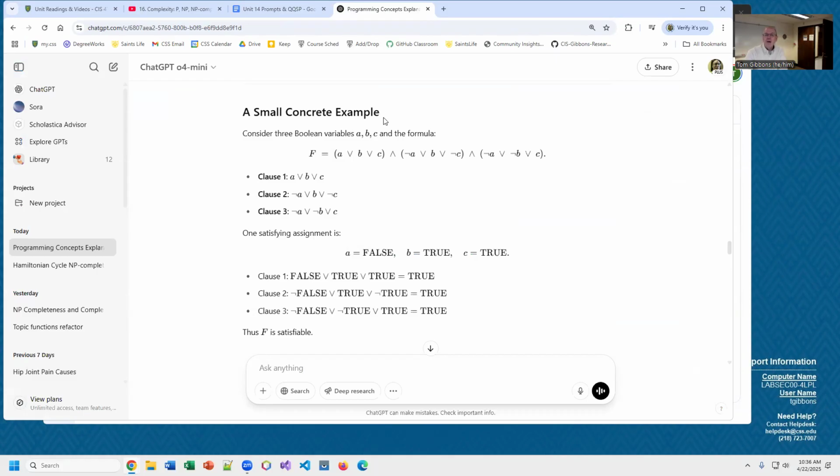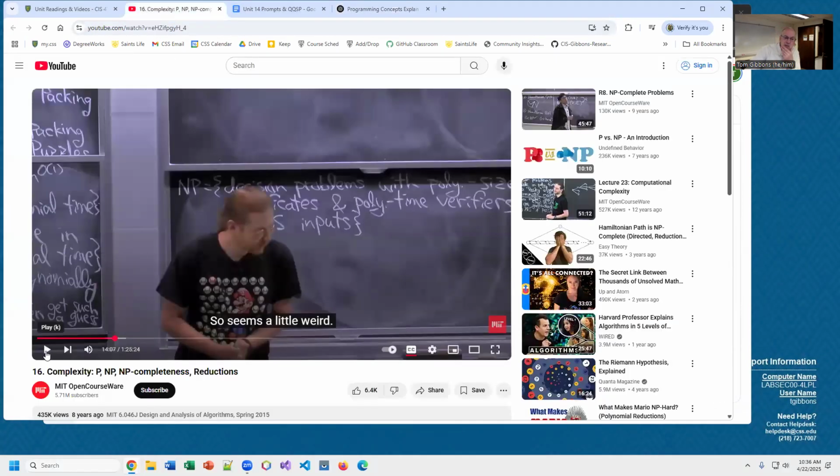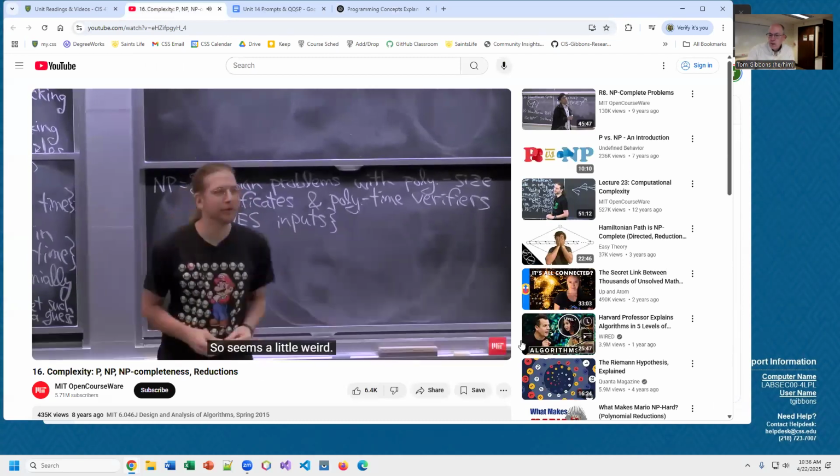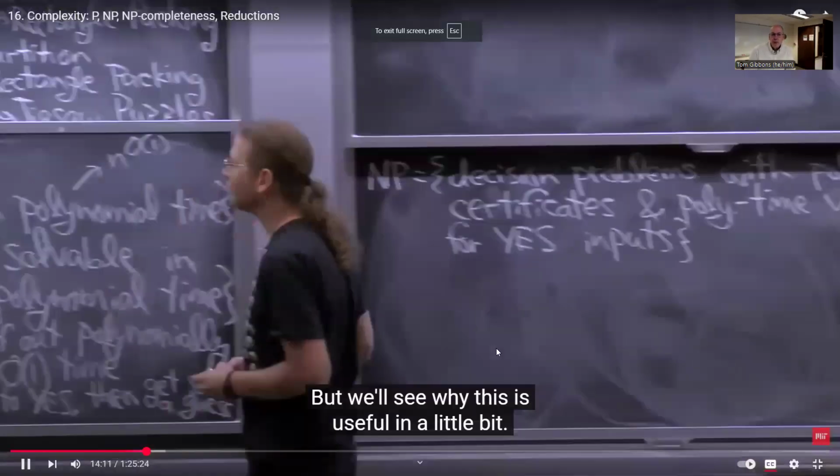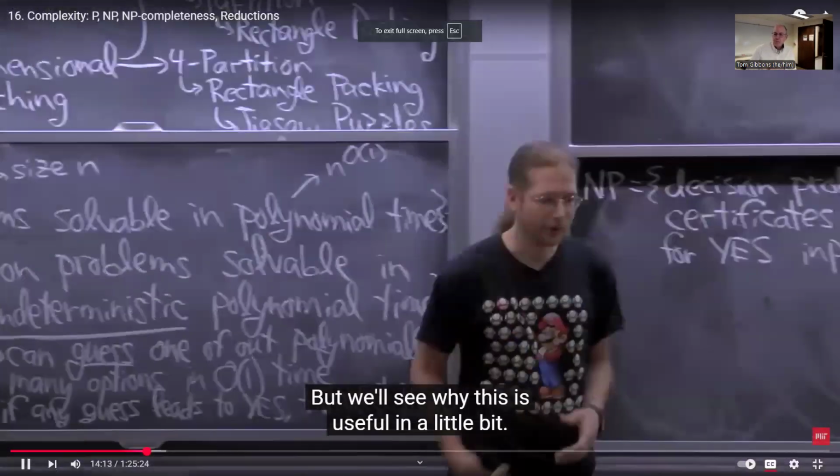So there are a number of problems, and that's where we'll be focusing, where we can do this in polynomial time: determine, if we're given a solution, that it is correct. Verify, that's what he's talking about. Seems a little weird, but we'll see why this is useful in a little bit.